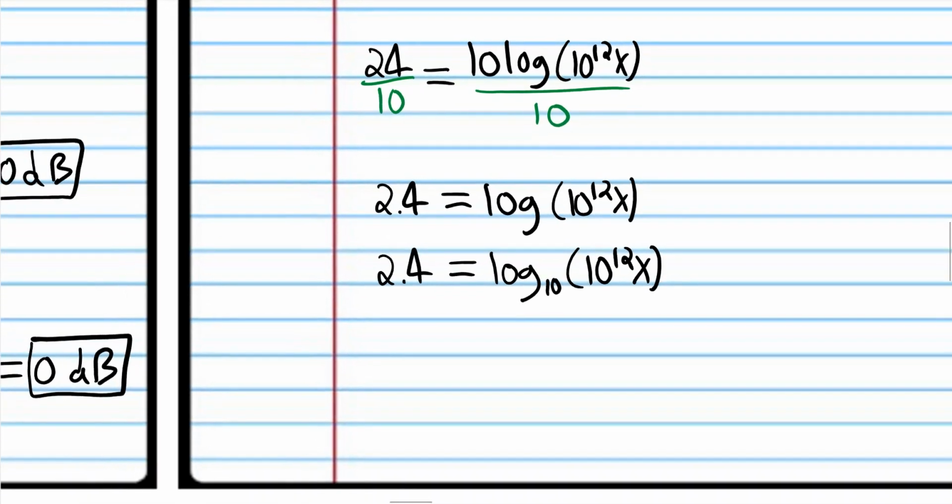So what is the base? The base is that little subscript there. What is the exponent? The exponent is what the logarithm is equal to. And whatever's in the log function goes on the other side of the equation. So it is 10 to the 12th times x.